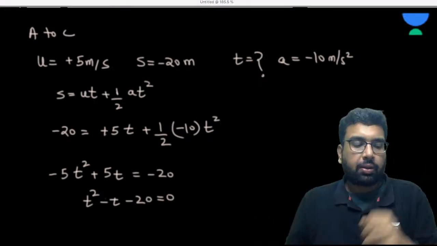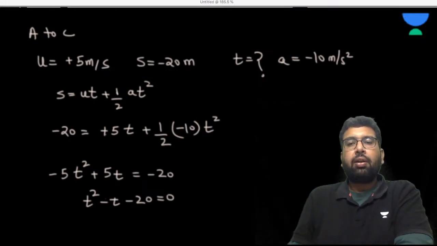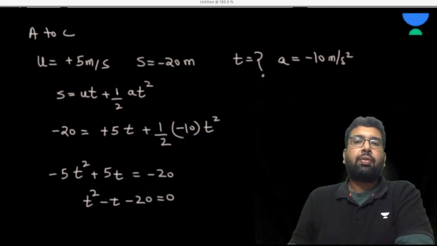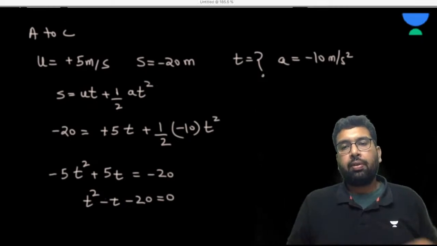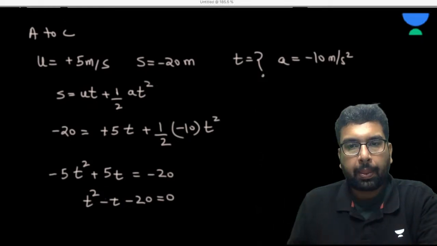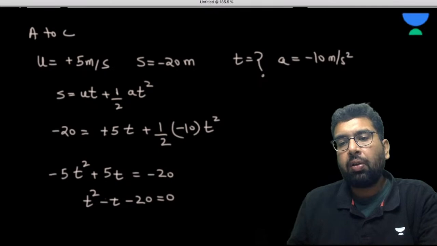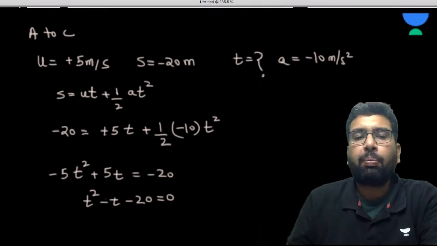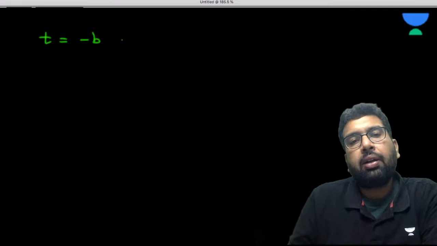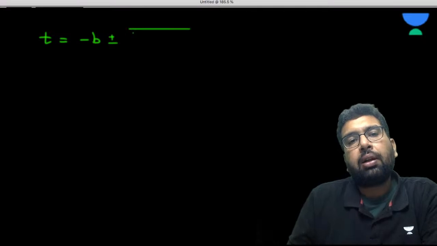So can we solve this quadratic equation? Sir, we cannot solve. If you cannot solve, don't put your mind much into it. Use this equation we read in the 10th class: minus b plus or minus under root b square minus 4ac upon 2a.